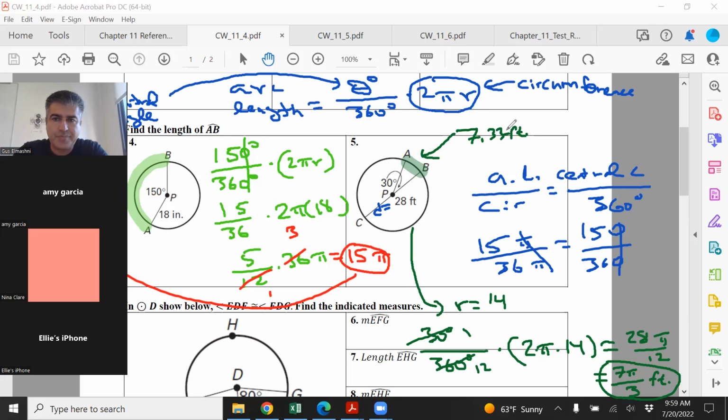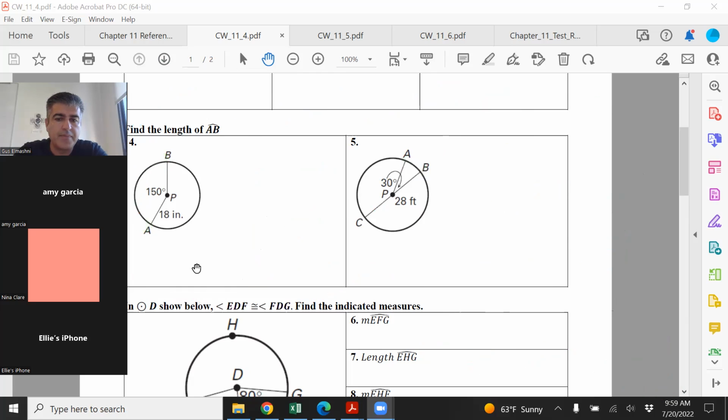Up to you. Or you can leave it like this, 7 pi over 3 feet. So that's arc length. There is a formula, but if you just think about it in terms of proportional reasoning, it's not that hard. Just take the central angle, divide by 360 to get the fraction we're dealing with, and just multiply it to the circumference. That's all it ever is.